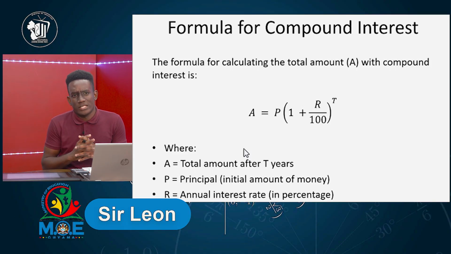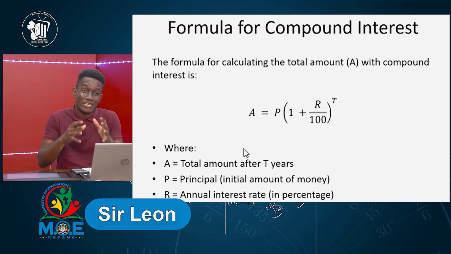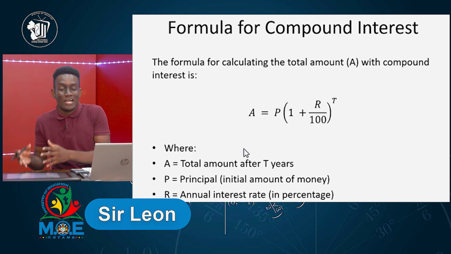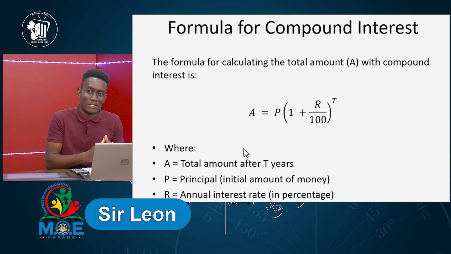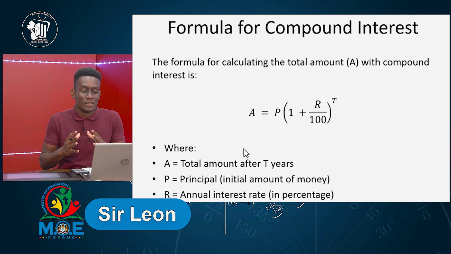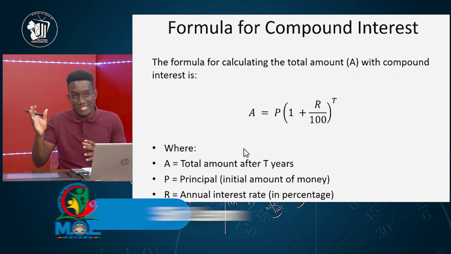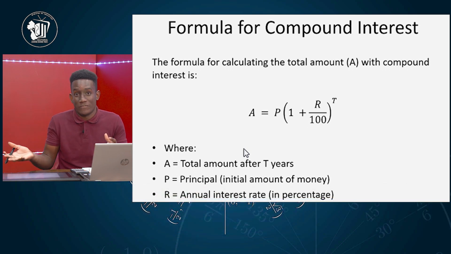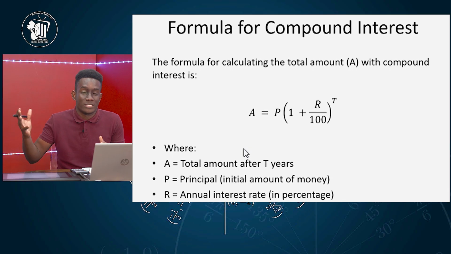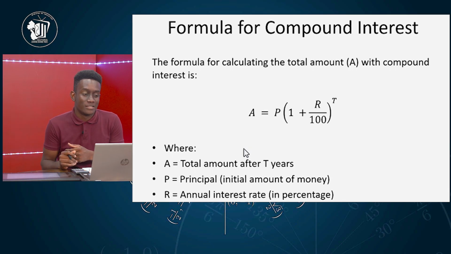There is a formula to find the amount of money that you have to pay back after compound interest has been applied. The amount is equal to the principal, P, multiplied by open bracket, 1 plus the rate over 100, close bracket, all raised to T. T is the number of years that you have to pay back, or the number of years that something was invested.